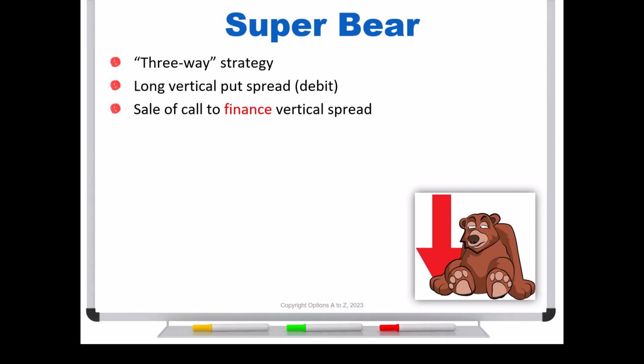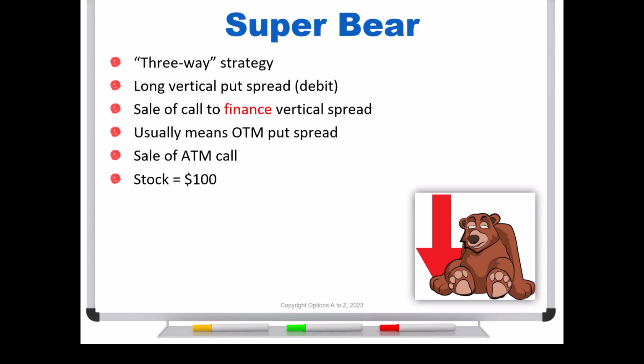The idea is to get that vertical spread completely above zero, so most of the time that means you are going to be using an out of the money put spread and selling an at the money, maybe even a slightly in the money call option. So if you're buying the put spread, you're going to be selling the call, just the opposite of the Super Bull. For the Super Bull, we were buying the call spread and selling the put.